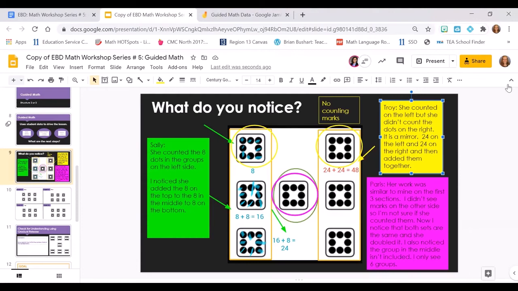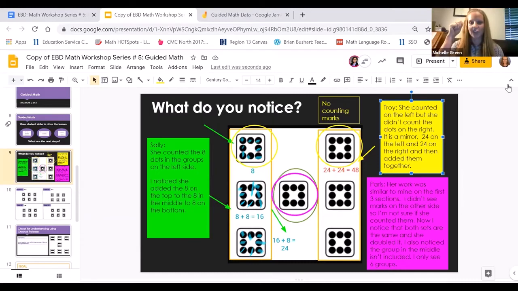Well, it took me a long time to count each one. So I like this idea of maybe trying to count some of them and then look to see if I could double that.